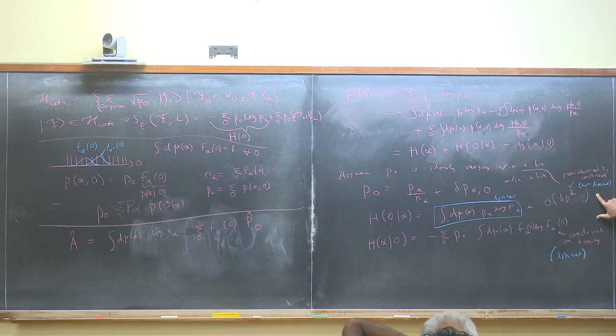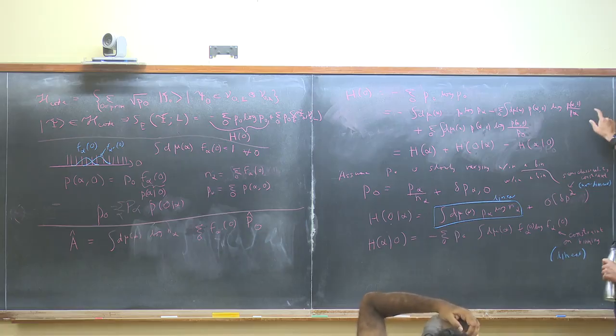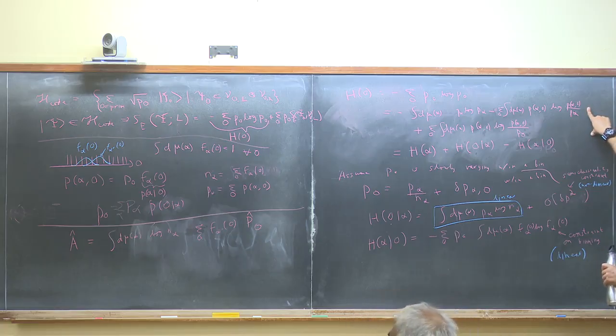Are we on this line or that line? Here's the second line. The first term in the second line should just come from putting into the underlying definition the fact that P rho is P alpha over N alpha with small variations. I'm not quite able to see that, I'm sorry.